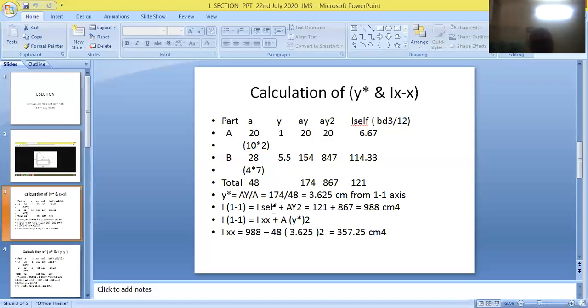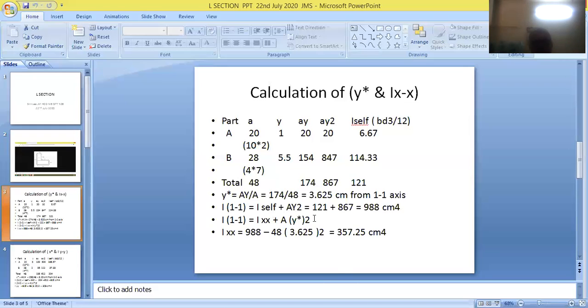And friends, secondly, we have to find out the value of I11. It is given by this formula. Here we need sigma I self and also the value of sigma AY square. We have measured both these values.